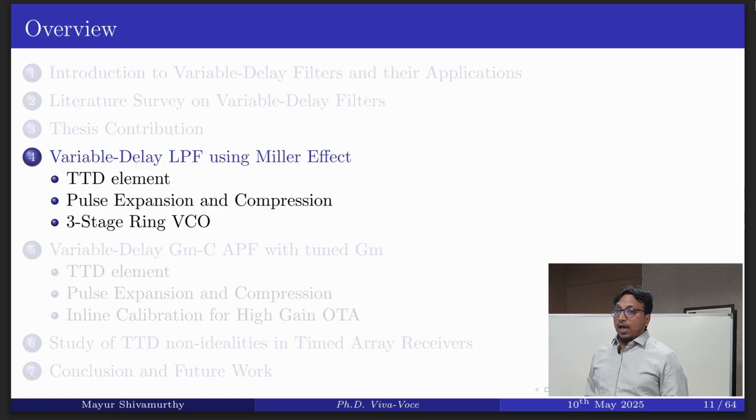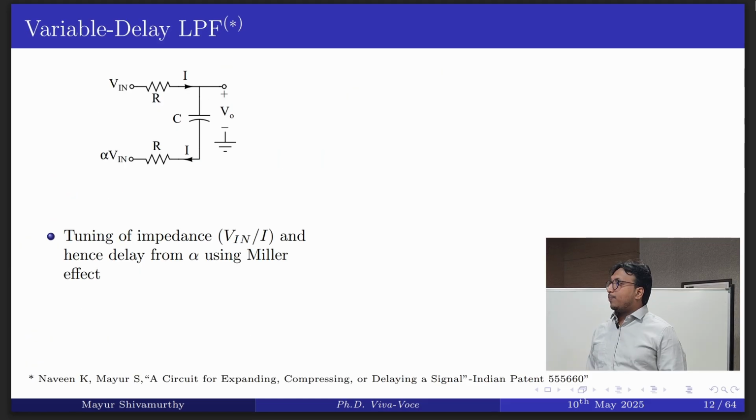The first contribution is a variable delay LPF using a Miller effect. So this is the proposed first order RC circuit in which the delay of the circuit is varied with an external control alpha. To understand intuitively, for example, when alpha is equal to 1, the current is 0, and for alpha equal to minus 1, the current will be different.